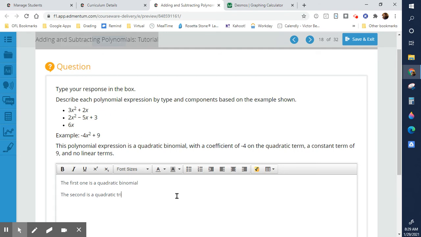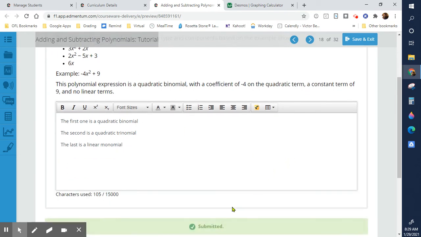Quadratic trinomial. The last is a linear because it has power to the 1. Linear monomial. All right, so we get those down.